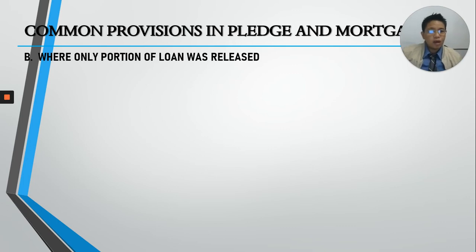Hindi na-release yung ibang portion noong loan. But same mortgage is constituted over yung 200 square meter parcel of land. So remember here, yung right of foreclosure in case the debtor fails to pay is only up to 50% of the parcel of land. Kasi yung loan na nirelease niya is only up to the amount of 50%. So here, exception to the rule of indivisibility.